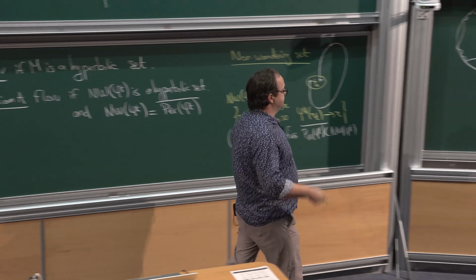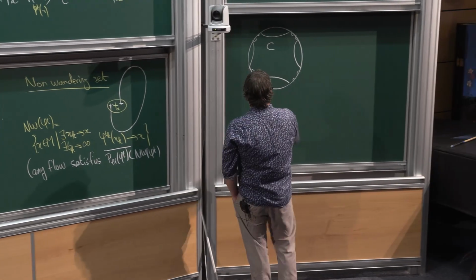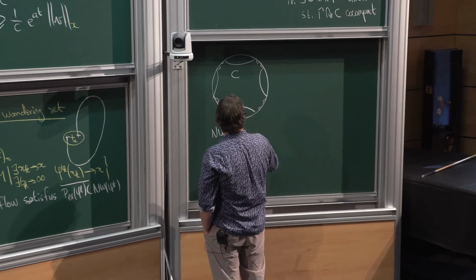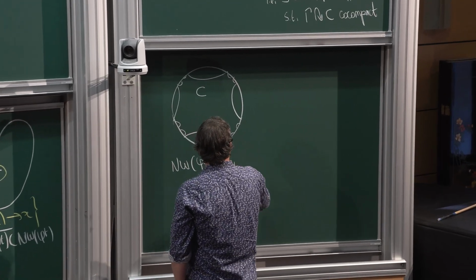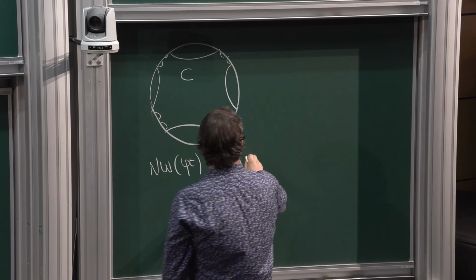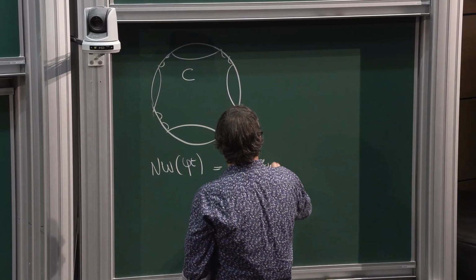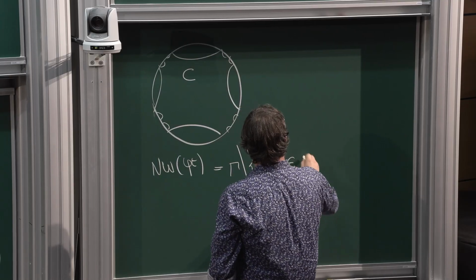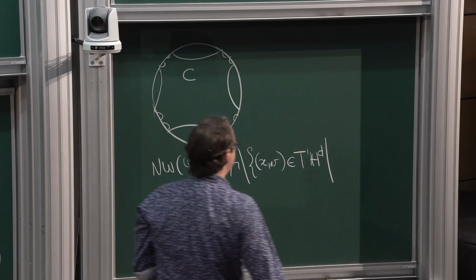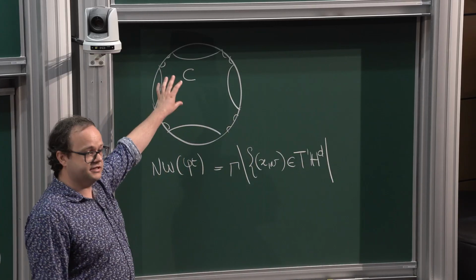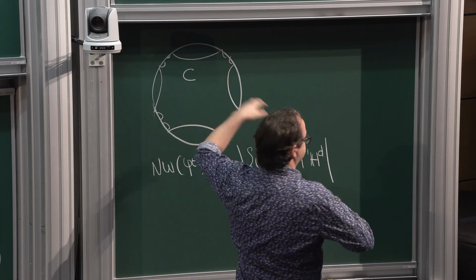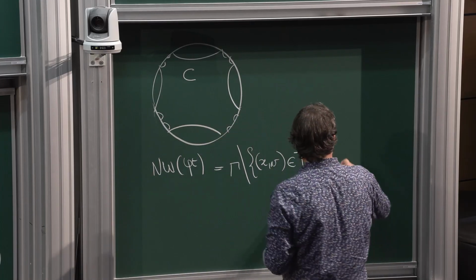And what you can show is that the non-wandering set of phi t, after quotient by gamma, will be exactly the elements of the unit tangent bundle, so pairs of a point x and a unit vector v, such that the flow always stays in that convex subset C on which gamma is cocompact.